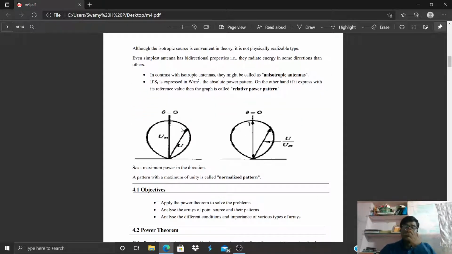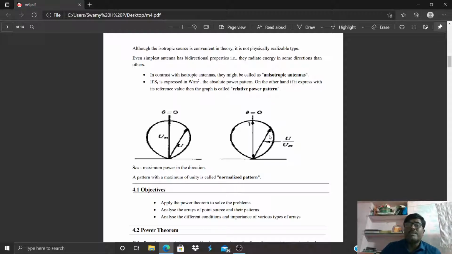You see here, these are the methods you are going to use. Usually you use the direct, absolute measurement. This is U at this point, so that is called the absolute power pattern. At this point you measure it, whereas the same power at this point is used in isotropic antennas.